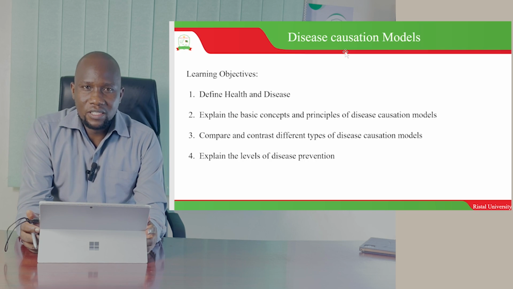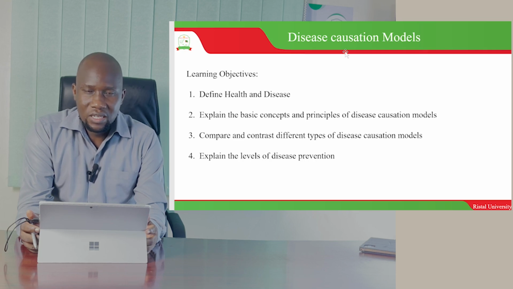Okay, that is the interest of epidemiology. We want to know what are the patterns, what are the trends, what can be done, what is causing what, who is suffering from what, and where are they. Okay, that's the interest of epidemiology.